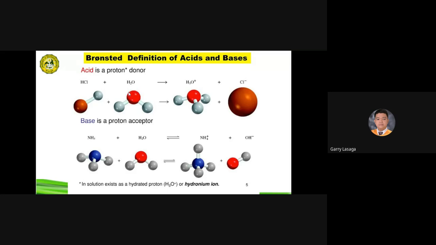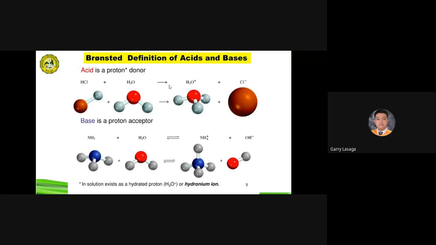So merong bakante dito na electron pair, kaya yung ating hydrogen ion here will be attracted to this one. So because our water will accept an H plus ion, it is considered to be a base. It is a proton acceptor, while our HCl here is our acid because it is a proton donor. It will donate its H plus ion to water.